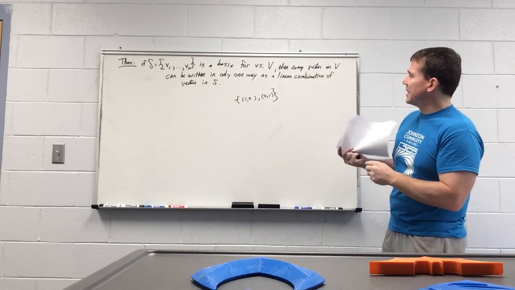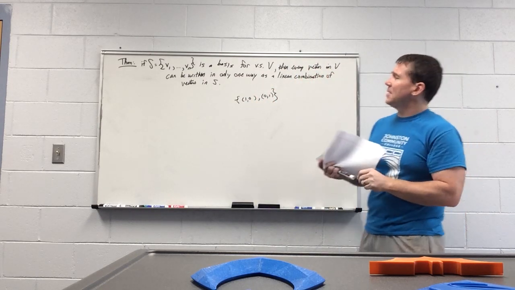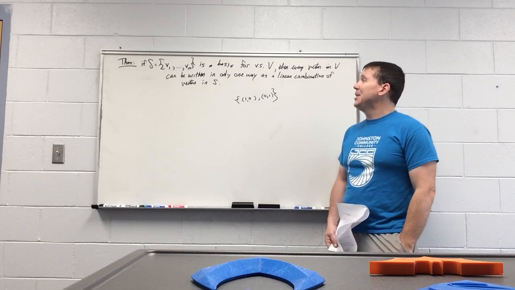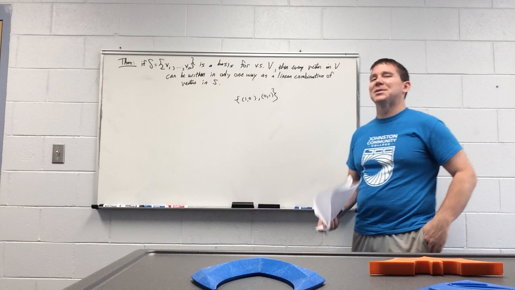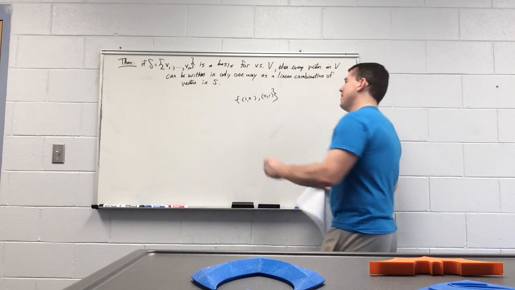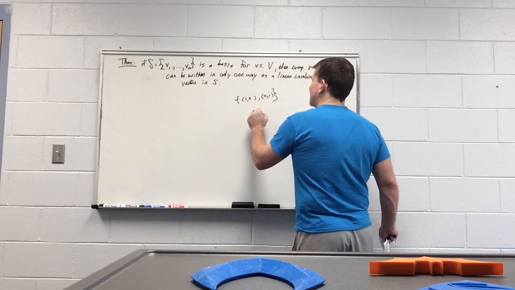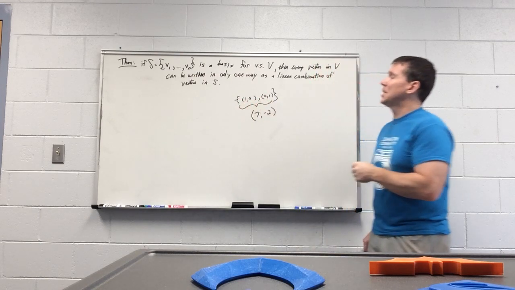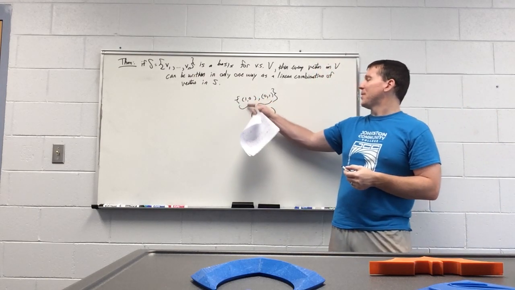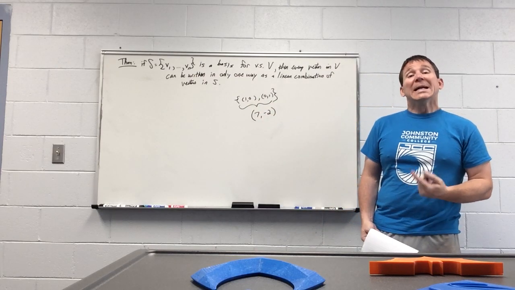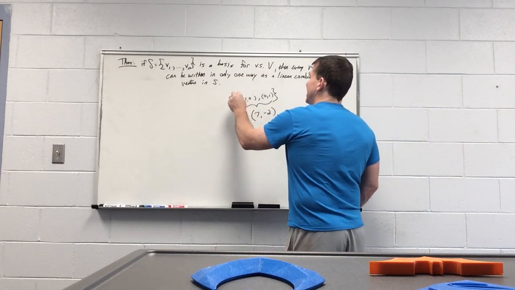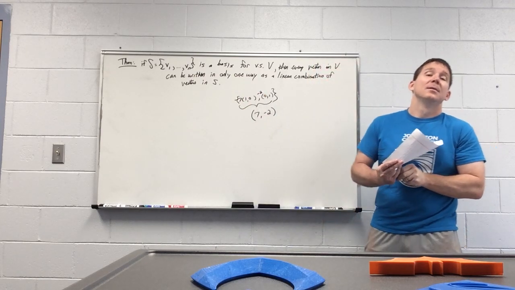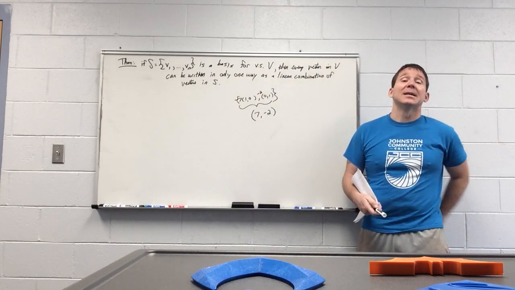Then every vector in V can be written in only one way as a linear combination of vectors in S. If I pick some arbitrary vector, 7, -2, how many linear combinations can I make using those two vectors to get that? Clearly, there's only one. 7 times this and negative 2 times that. That's what this is saying.